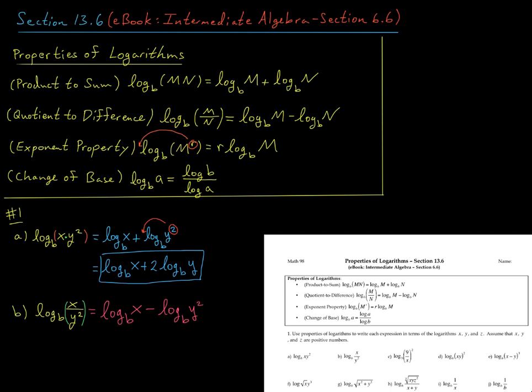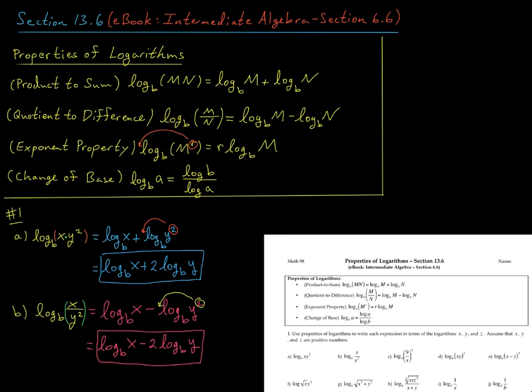Now just like in part A, since I see that y is being raised to the second power, I can go ahead and pull that exponent of 2 out in front of that logarithm. And so this will give us log base b of x minus 2 log base b of y. All right, and that'll do it for that one.